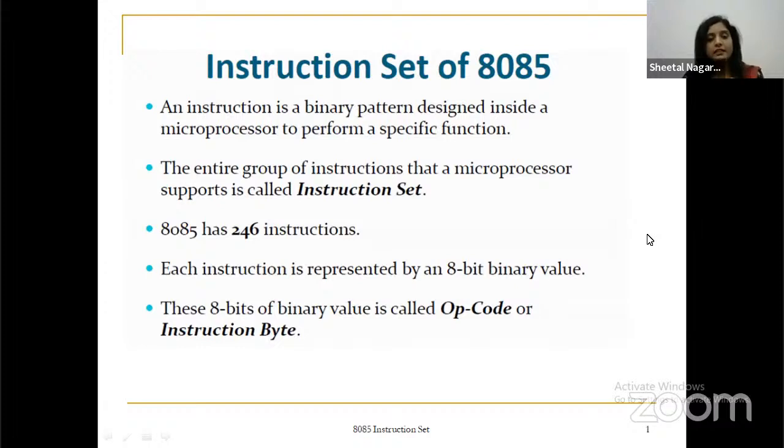This number is a pattern of 1 and 0 only. Each instruction is represented by an 8-bit binary value. 8 bits is equal to 1 byte. These 8 bits of binary value are called opcode or instruction byte or hexadecimal code for a particular instruction.